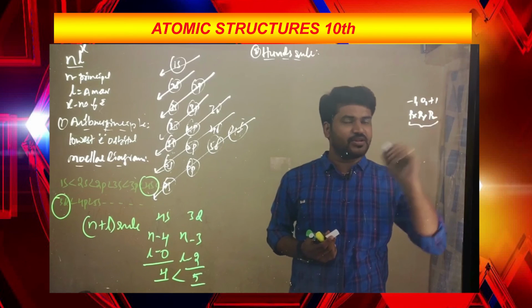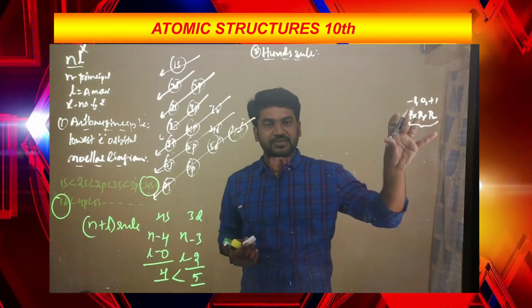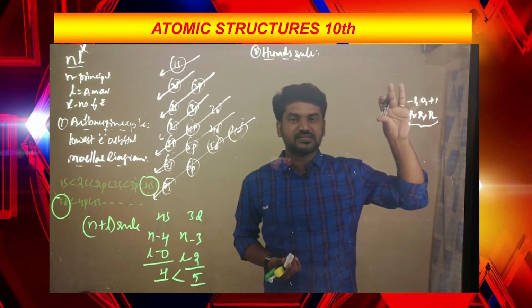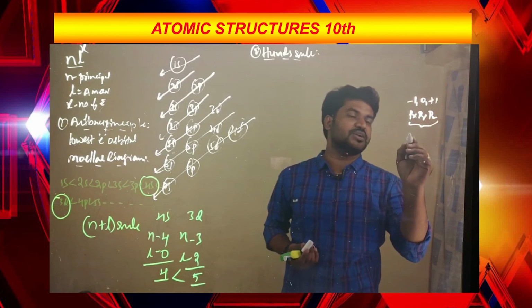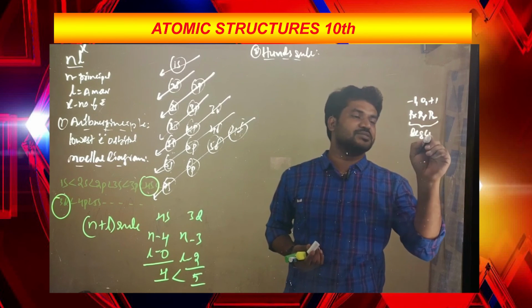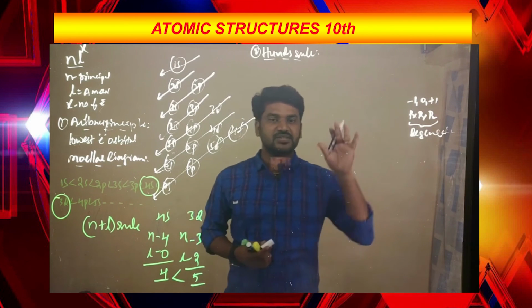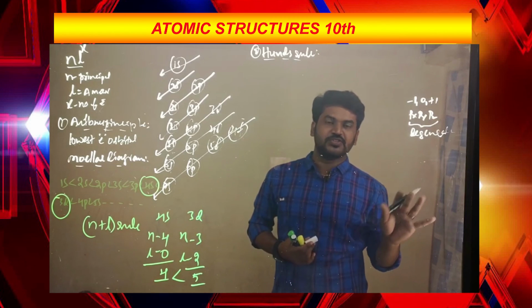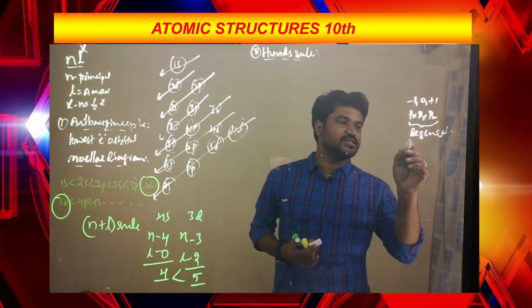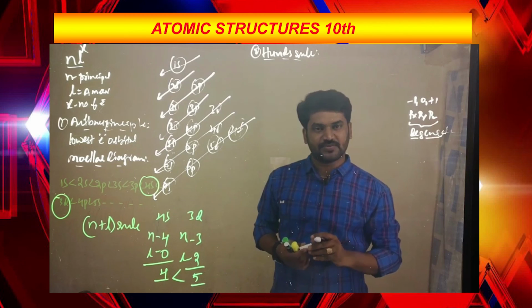These orbitals are having the same energy, and we call them degenerate orbitals. Degenerate orbitals means orbitals which are having the same energy and belong to the same subshell.